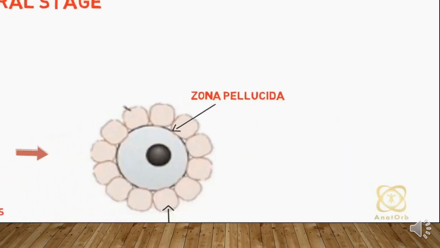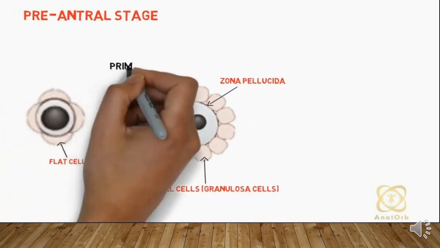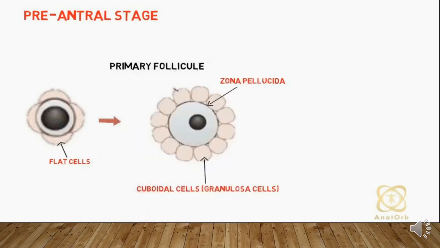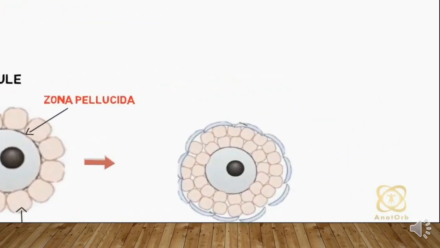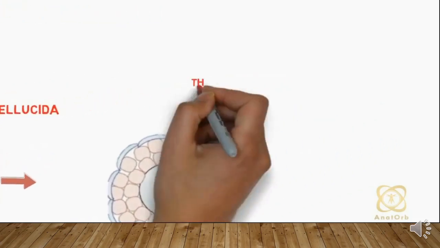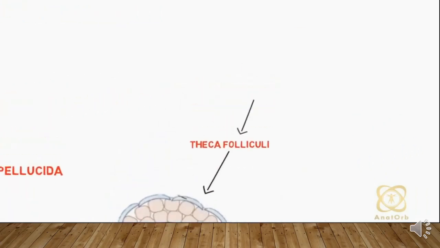Together, they form the primary follicle. Surrounding connective tissue cells also differentiate into theca folliculi, which are responsive to luteinizing hormone.